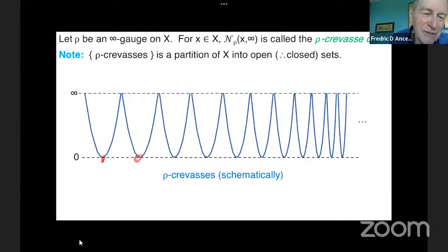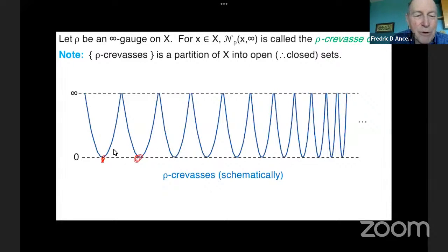So I'm looking at really the graph of the distance function here. Does that make sense? So, are you looking at some finite collection of points, or maybe a countable collection? It might be uncountable, it depends on the space.